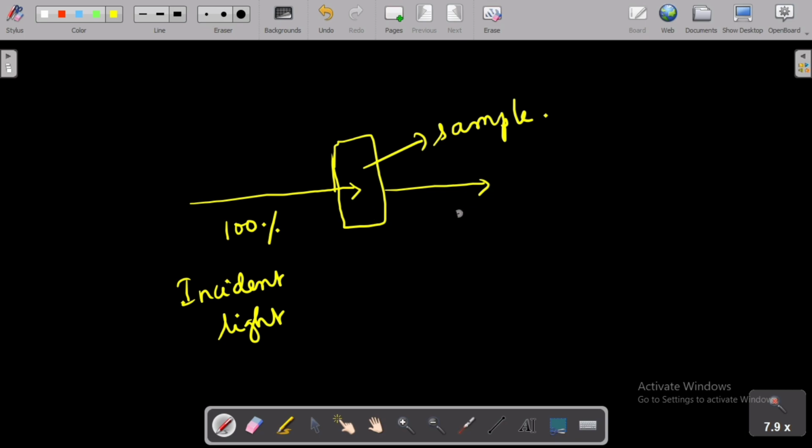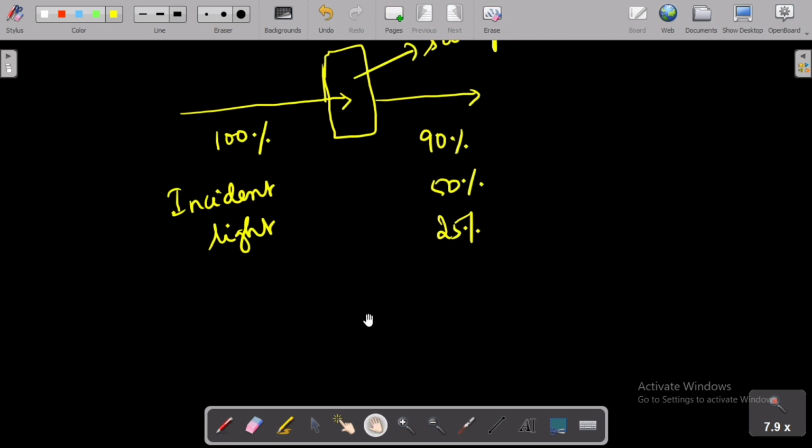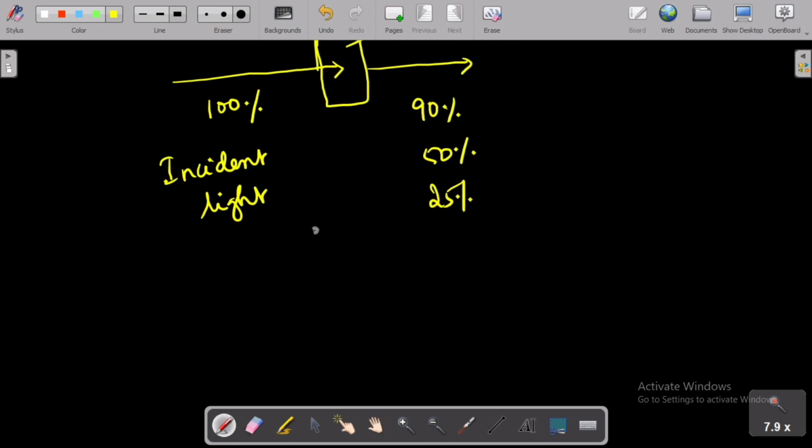Then the outcoming light may have 90% intensity or 50% intensity or 25% intensity. It is because of the thickness. Lambert states that it is because of thickness.